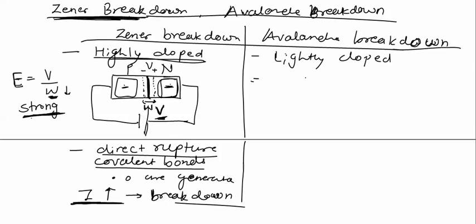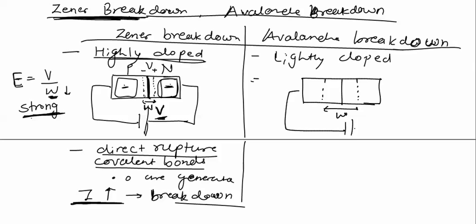In avalanche breakdown, we have a lightly doped diode. If the diode is lightly doped, the depletion layer width is very large as compared to the earlier case. If the depletion layer width is large, then the electric field induced across the depletion layer will not be sufficiently strong, it will be weak.